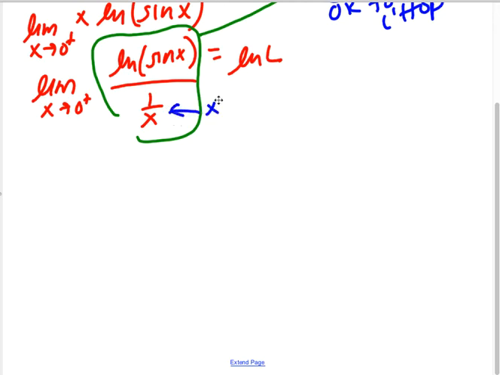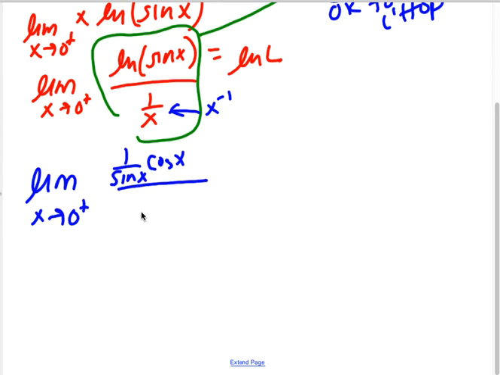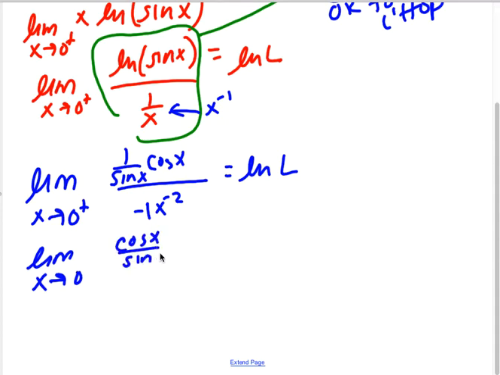Remember that this is actually an x to the negative first when I differentiate. So I get that this is the limit as x approaches 0 from the positive of 1 over the stuff times the derivative of the stuff on top of a negative 1 x to the negative second, right? And that's my natural log of L. So I get that this is the limit as x approaches 0 of, so this is going to end up being a cosine over a sine, right?